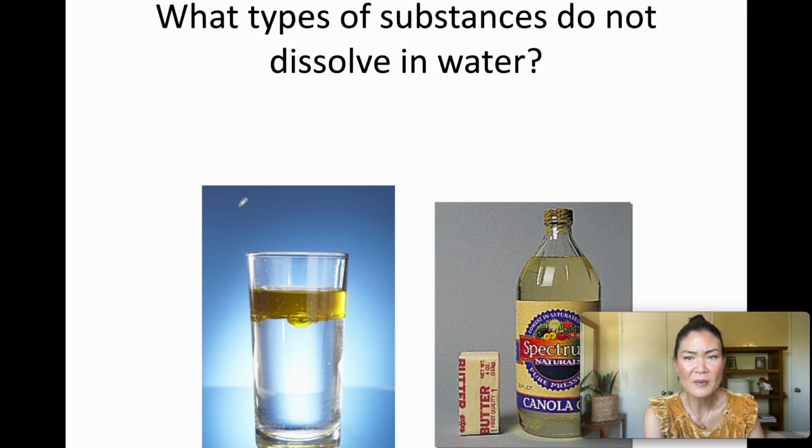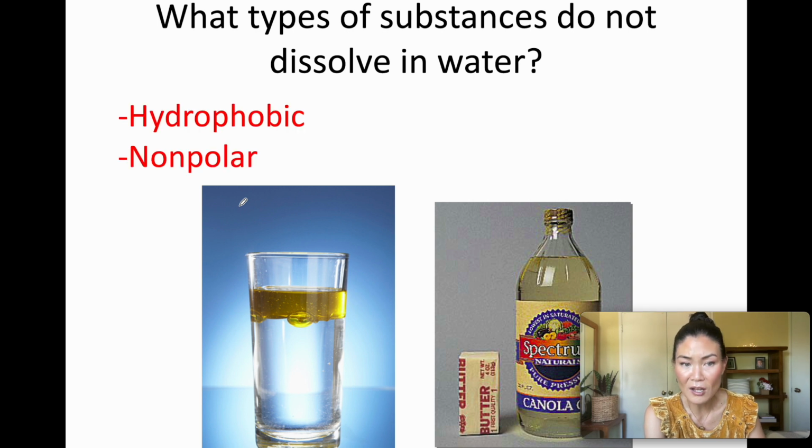So what type of substances do not dissolve in water? That would be hydrophobic, right? Or non-polar substances. Hydrophobic means water-fearing. Non-polar means there's no polarity, meaning there's no charge. There's no positive or negative charges on the overall molecule.